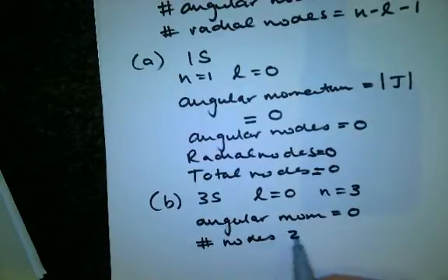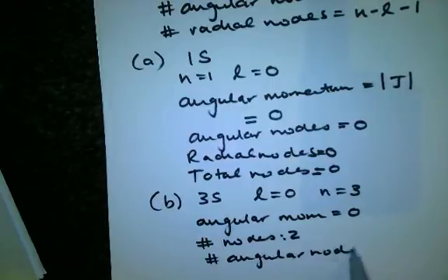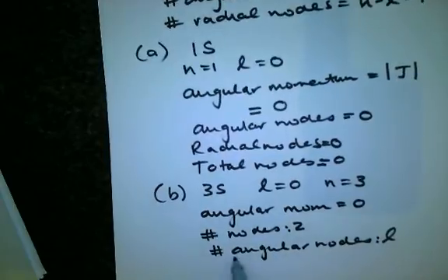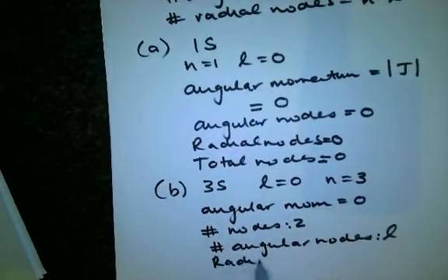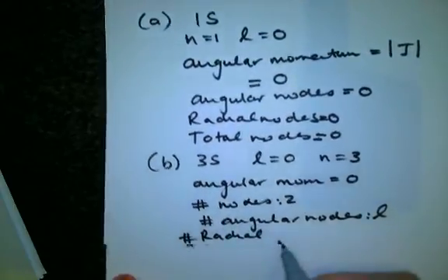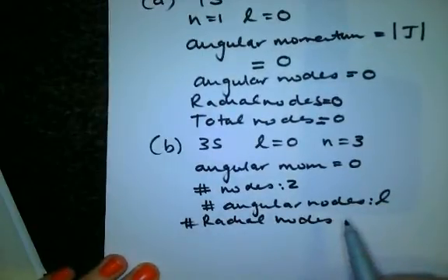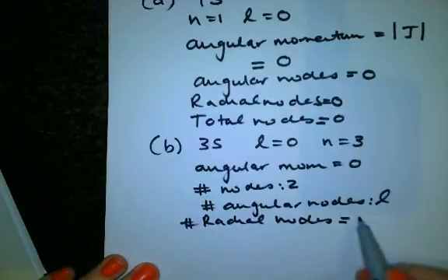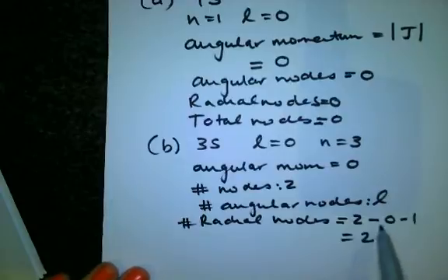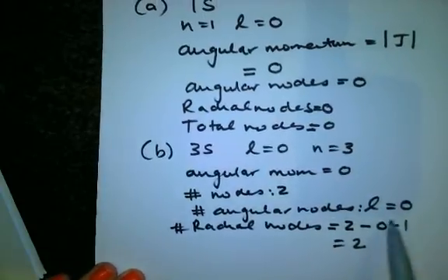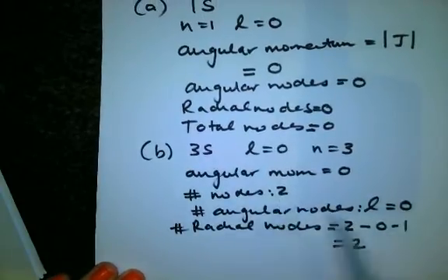The number of angular nodes is L, which is 0, and the radial nodes is n, which is 3, minus L, which is 0, minus 1, which is 2. This makes sense because the total number of nodes is 2 and there are 0 angular nodes, so all the nodes must be radial nodes.